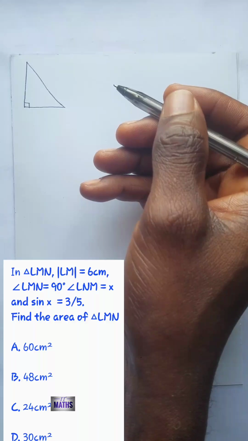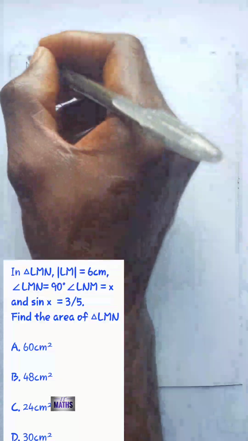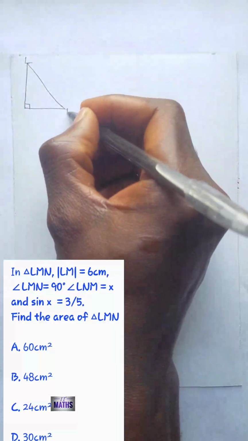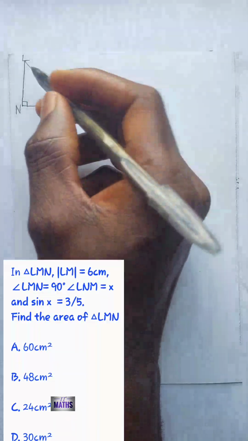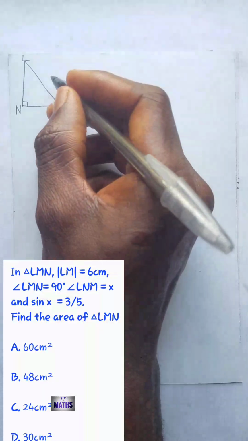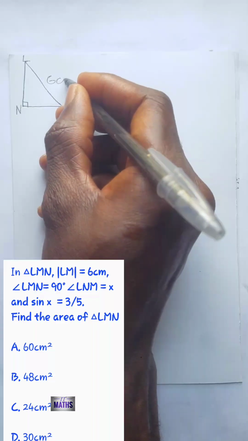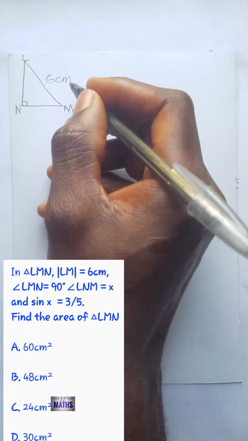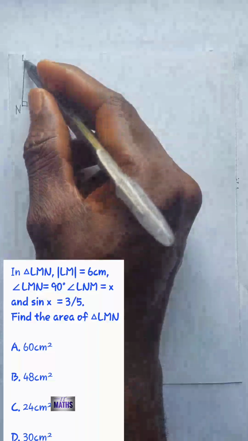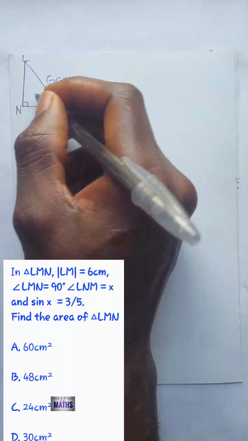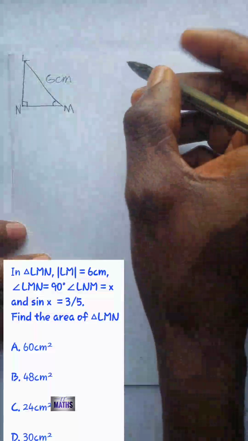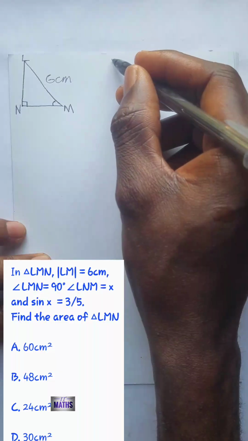They say angle LMN, line LM is 6 centimeters, so this is 6 cm. Angle LMN is 90. You see, this is not 90. This is 90. So my diagram should have looked like this.